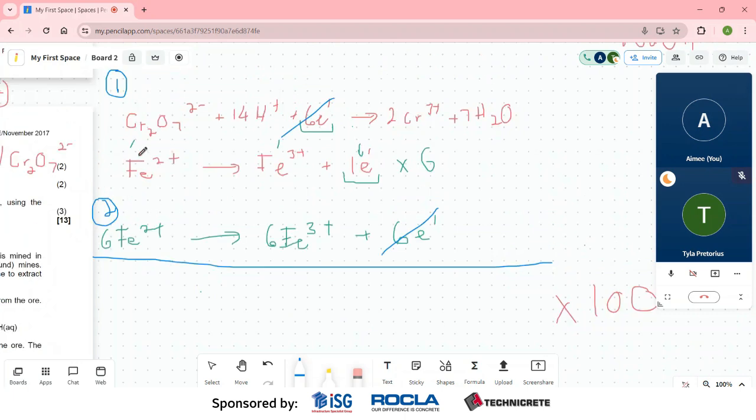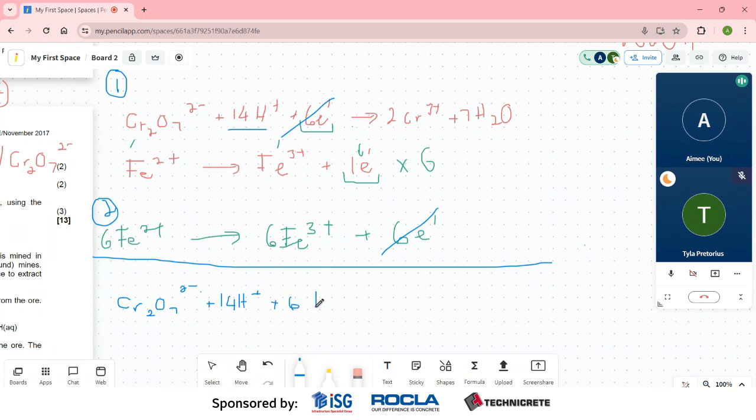So we go: Cr2O7 2 minus, that's still there, plus 14H positive, that's what I just got there, right? Plus, now I get to the arrow, so I still need to get what's on this side.